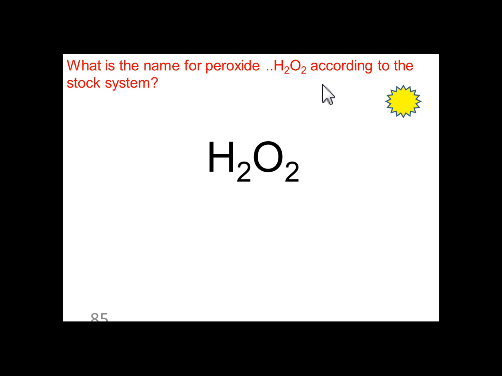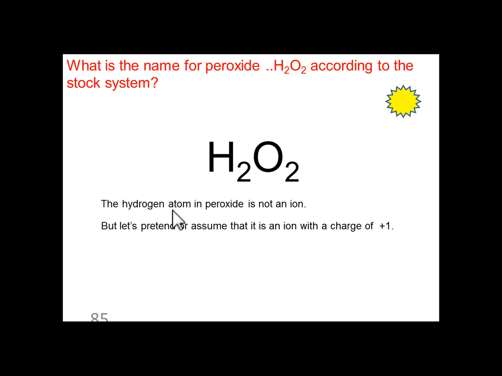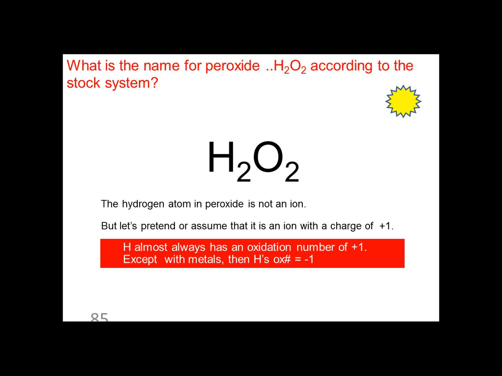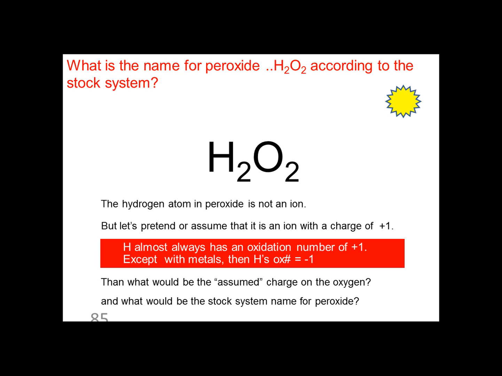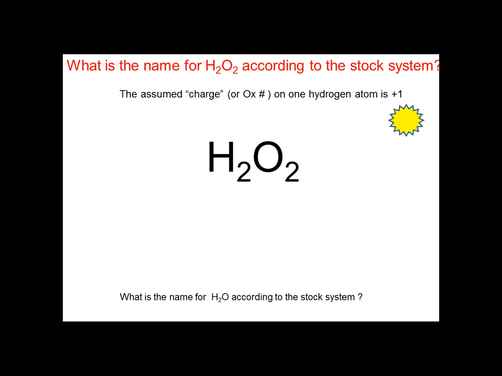Here's a peroxide compound, H2O2, and the hydrogen atom in a peroxide, it's not an ion, but it'll have an oxidation state of +1. Now remember that rule, hydrogen is almost always an oxidation state of +1, except with metals when it's -1. And so this oxygen here is one of the exceptions for oxygen.